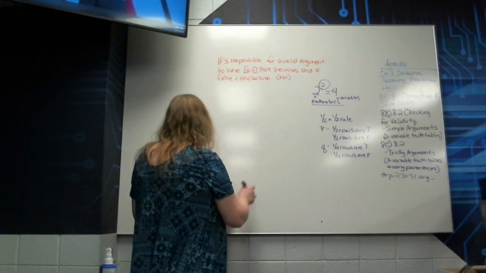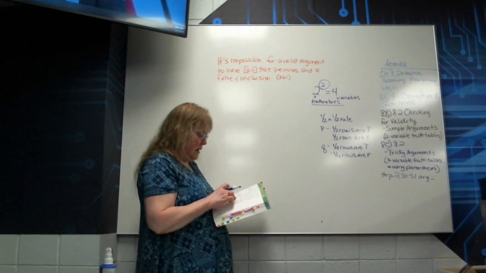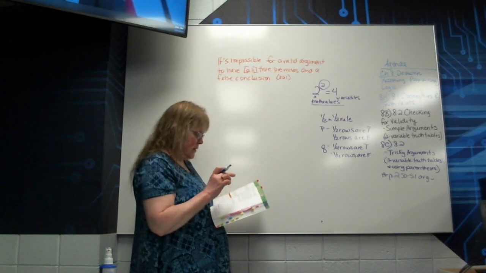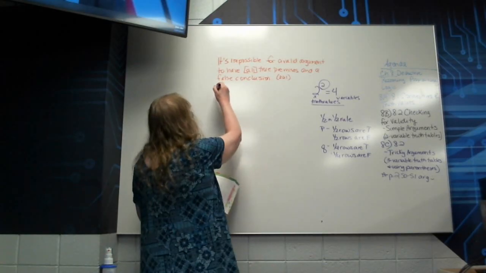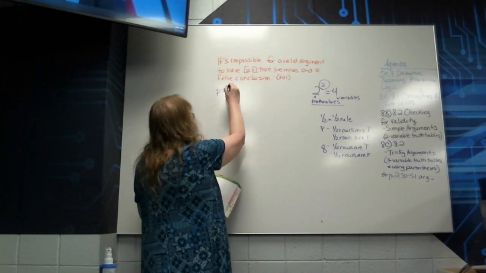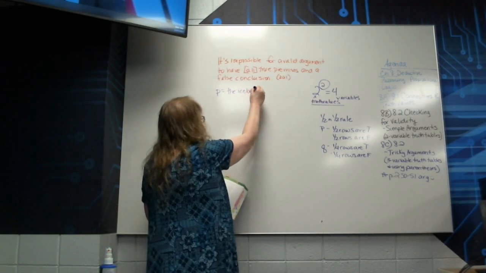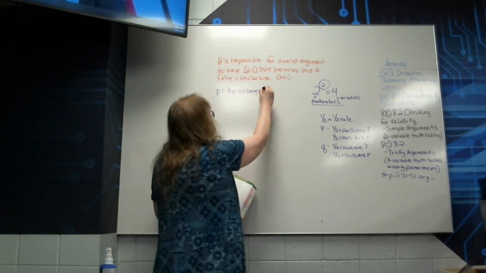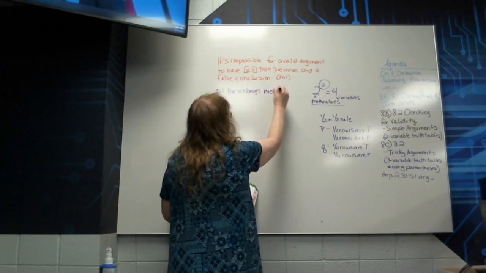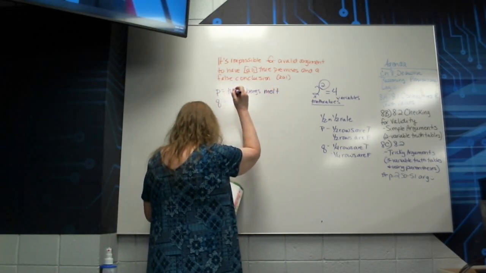Okay, that's better. So if my argument is here at the middle of 263, if the icebergs melt, the lowlands will flood. My first phrase is my P. P is the icebergs melt. Q is my next phrase: the lowlands will flood.